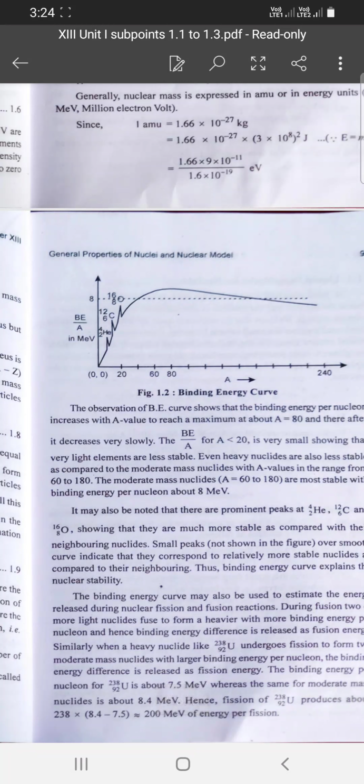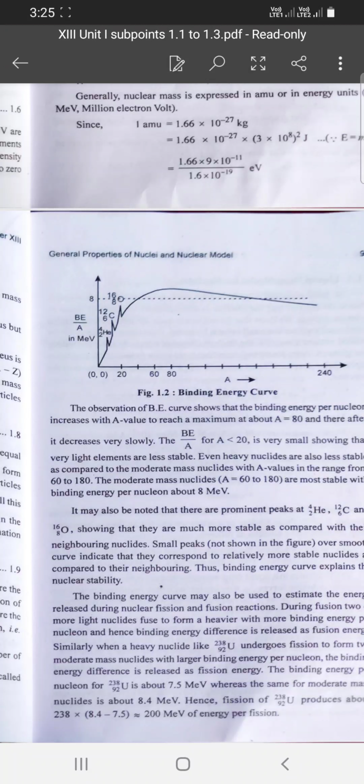The observation of the BE curve shows that binding energy per nucleon increases with A value to reach a maximum at about A equal to 80. After that, it decreases slowly. B upon A for A less than 20 is very small, showing that very light elements are less stable. Even heavy nuclides are less stable as compared to the moderate mass nuclides with A values in the range from 60 to 180.